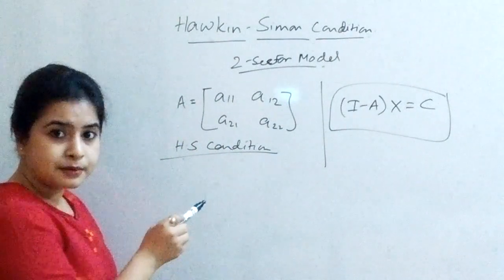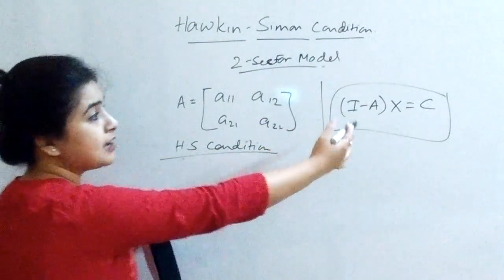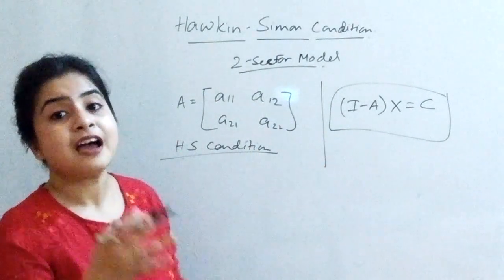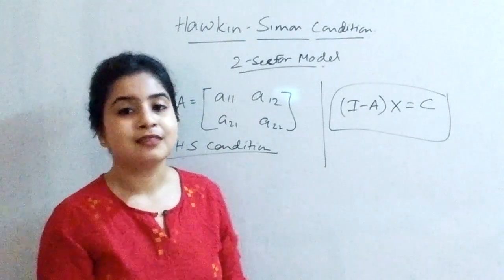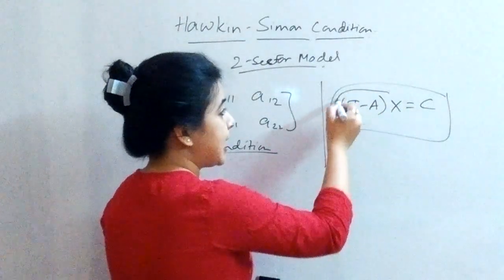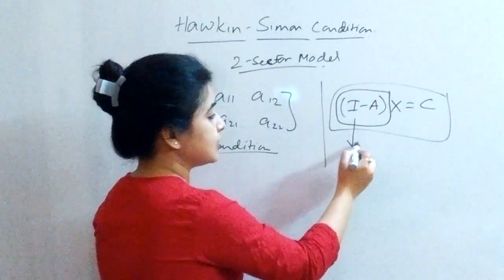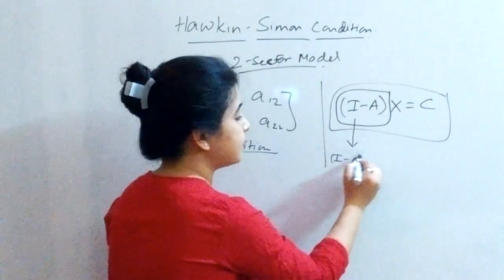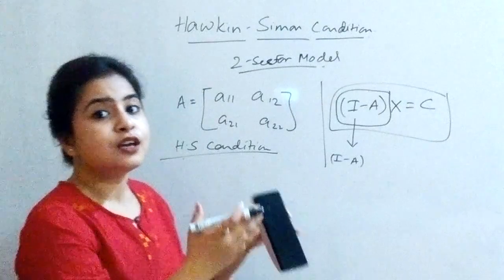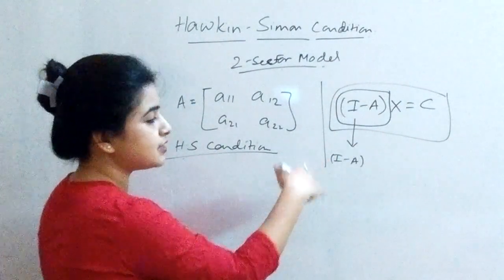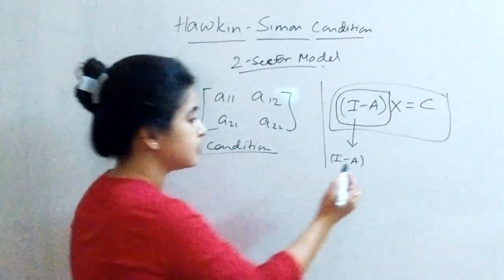Why have I mentioned this equation for the Hawkins-Simon condition? Because the Hawkins-Simon condition arises from this equation, and the part it exactly comes from is I minus A. So we need to find I minus A to get to the Hawkins-Simon condition. Let's write what I minus A will be.